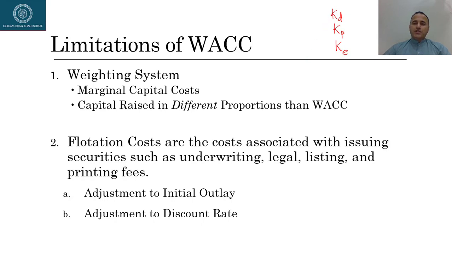In one of my lectures, we used these three components and calculated the weighted average cost of capital. The reason we call it weighted average cost of capital is because each component of this investor supplied capital was weighted, and then we calculated a weighted average of all the costs. That's why it's called weighted average cost of capital.